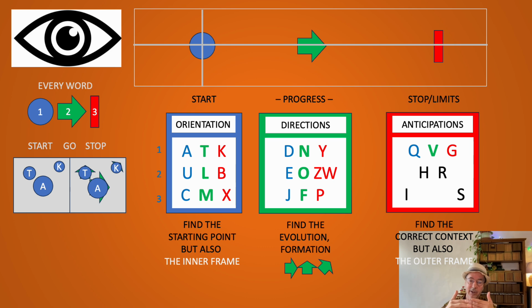And in each of these distinctions that you can make, you have letters. You have these letters, as you can see here. I have them here in the right order. But I will only talk about A, T, and K. Every word has these three sections, and these three sections are the same as a very quick view of going.